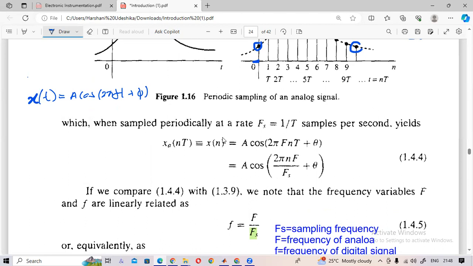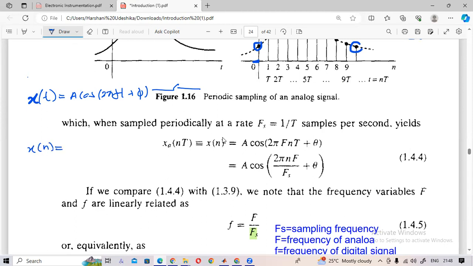Once you sample it, that means you send it through a switch and you get the samples, the sampled signal will be a function of n, not a function of t. So it is a function of n, x(n).